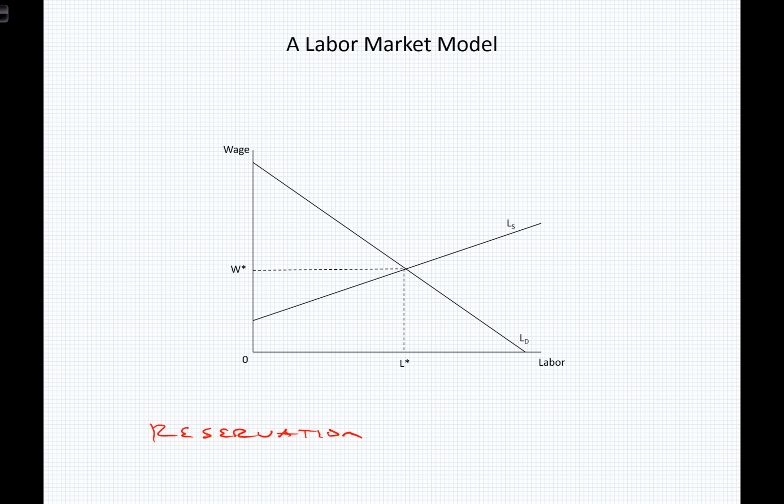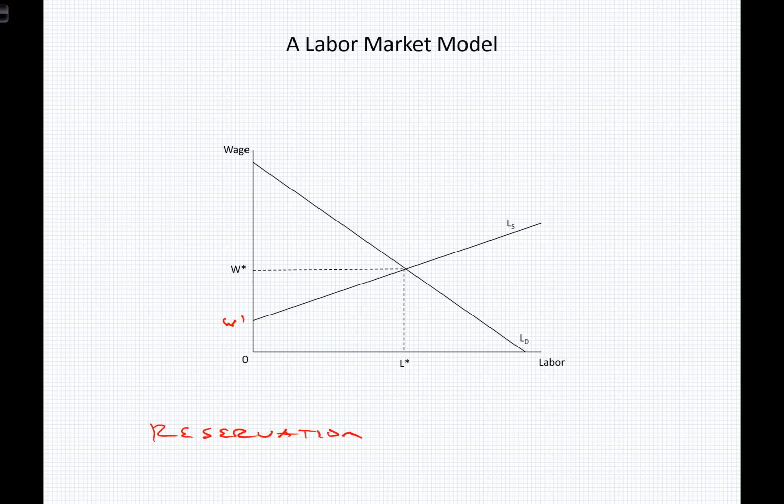So in this case, let's call this W prime. Then at W prime, no one is prepared to work in this market, but at anything above W prime, workers will begin to present themselves for service based upon the needs of the firm.